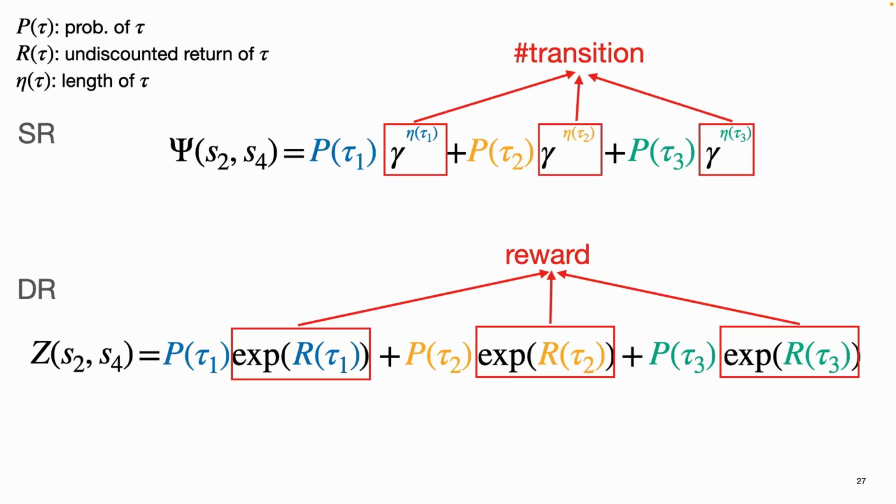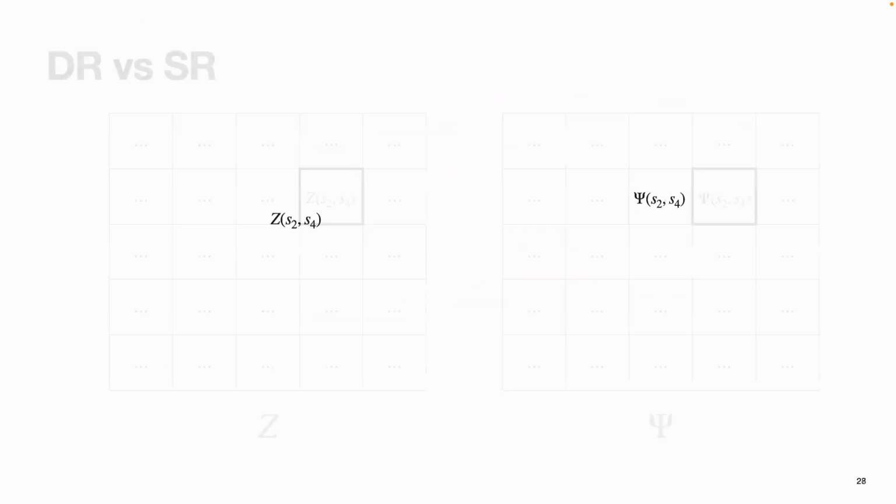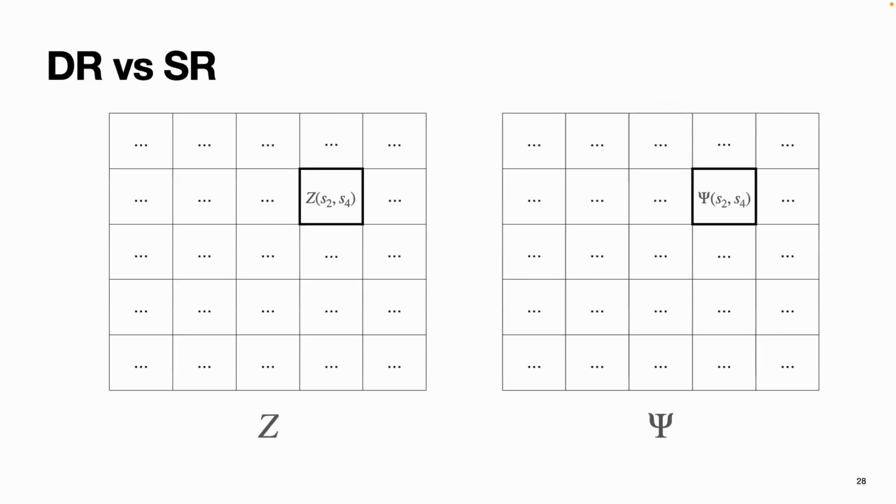In that case, the default representation would look similar to the successor representation. Is it actually possible to prove that they have the same eigenvectors? If you have a constant reward at every time step, the sum of rewards is sort of like the distance.